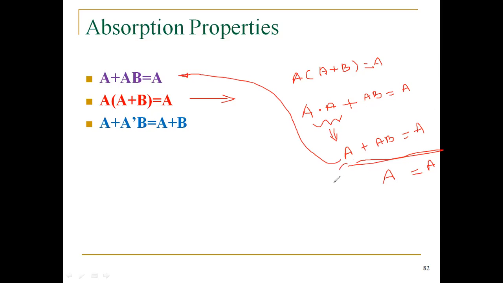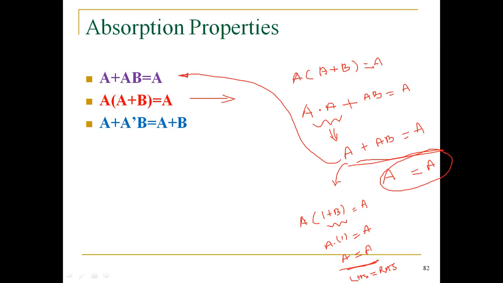Or you can do this in another two steps. Directly you can write the answer like this, or again take A outside: A into 1 plus B. According to that postulate, 1 plus anything is equal to 1. So A dot 1 equals A, so A equals A. Hence LHS equals RHS.